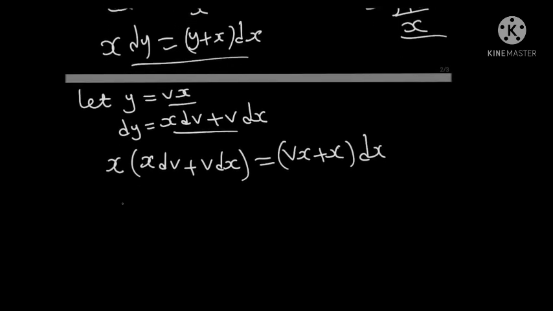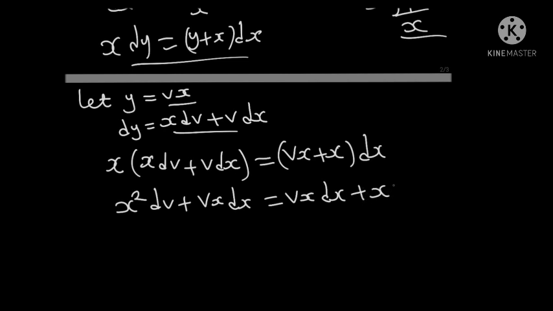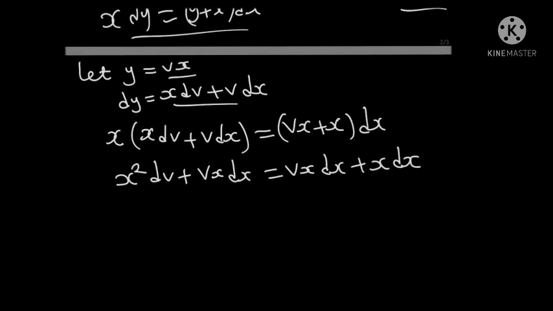So this gives us x squared dv plus vx dx equals vx dx plus x dx. We can cancel one x so that we remain with x dv plus v dx equals v dx plus dx.